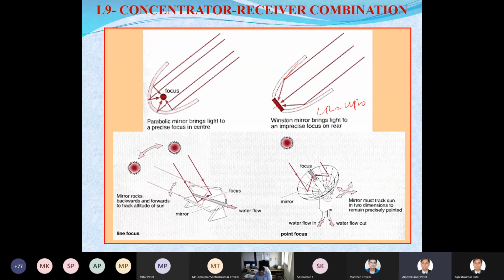And if you have this type, the plane and this tubular, you can go 4 to 10 CR. If you have the parabolic and a tube receiver, then you can go 10 to 100. And if you have the paraboloidal, just like a dish, and a spherical receiver, then you can go up to 10,000 CR.